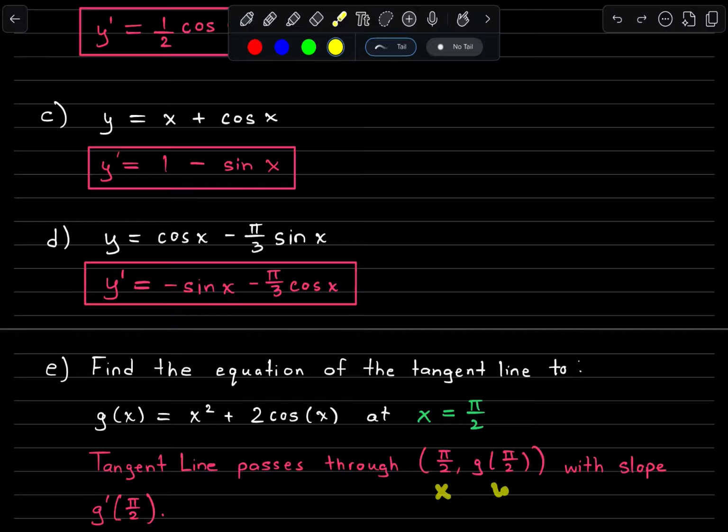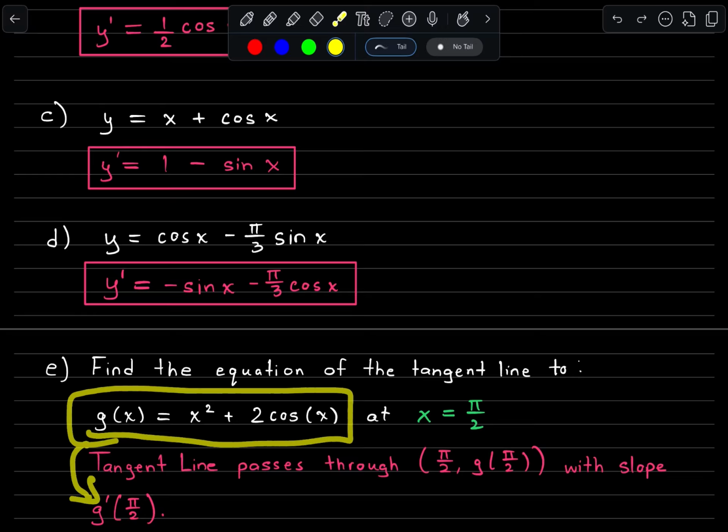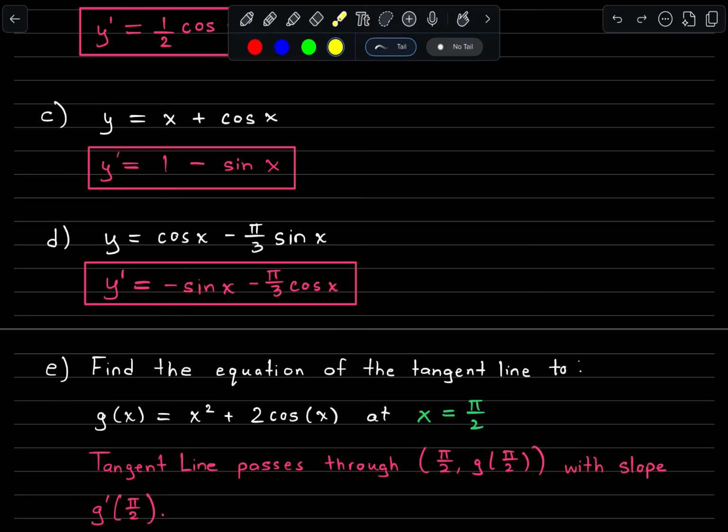So pi over 2 is our x. We get the y value, or the y coordinate for this point, from plugging in pi over 2 into our original function, g of x. And the slope of this tangent line is going to be given by g prime of x evaluated at pi over 2.